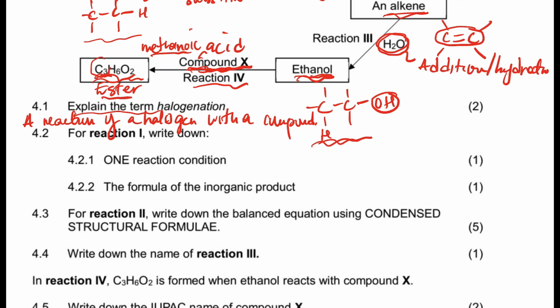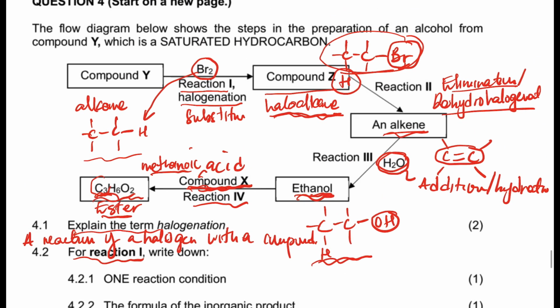But you need to know the definition of this. What is an addition? What is a substitution? You need to learn these definitions. For reaction 1, I said it's a substitution.